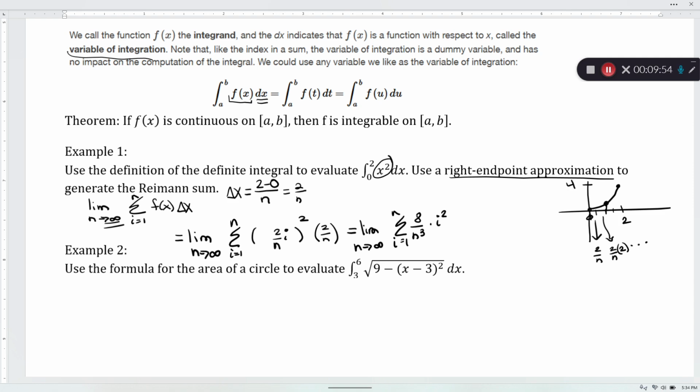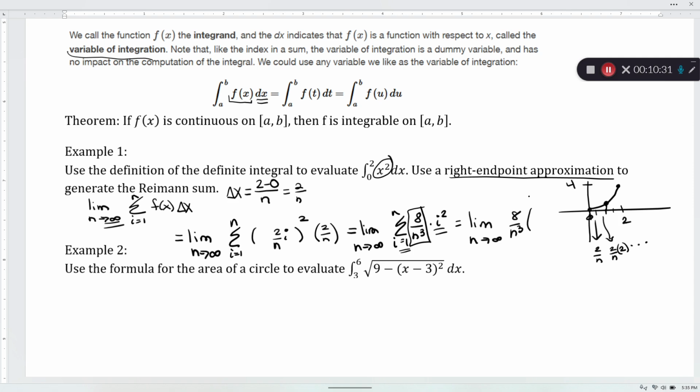Okay, 8 over n cubed is a constant. I'm plugging into the i spot. That's what this says down here. I'm plugging into the i spot, not the n spot. So I'm not going to do anything with the 8 over n cubed. I do have a formula, though, for the i squared when you run it from 1 to any number. We learned it in the previous section.